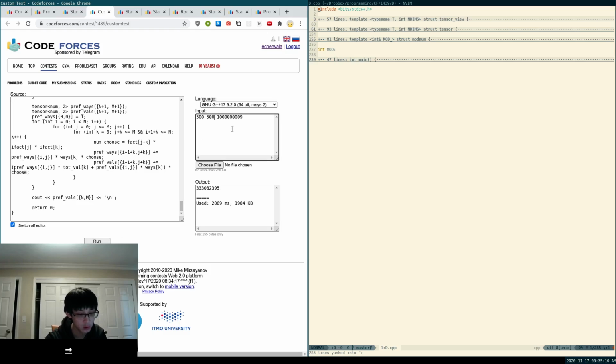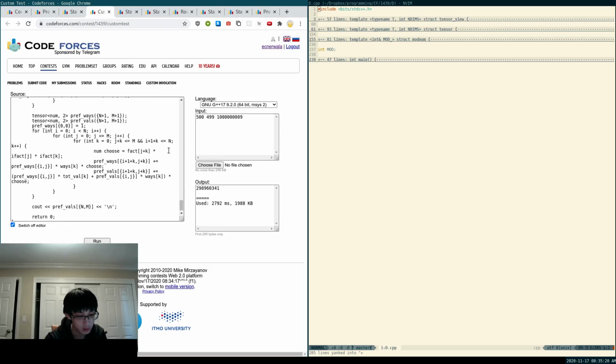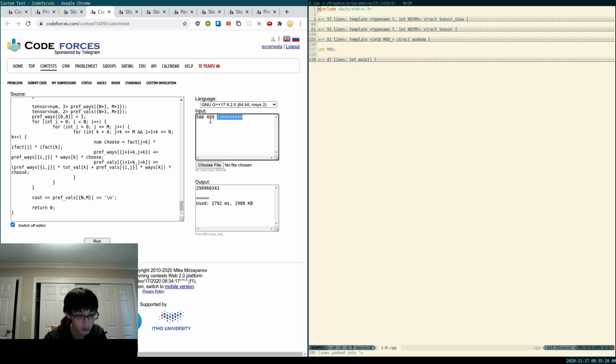So we can try some strange numbers to see if it changes drastically, but it doesn't seem to change much. So I think I'm fine here. I think this is pretty much the fixed upper bound.